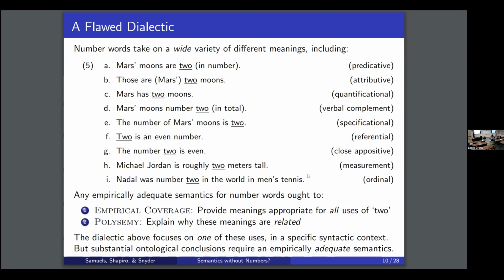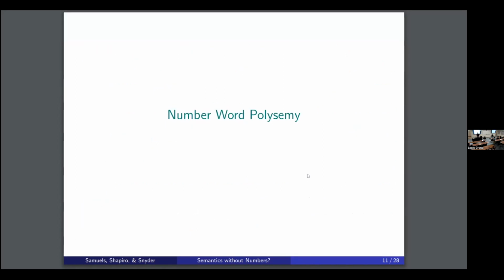That is F and G. Why is that? All of these are in some sense broadly number related. It sure would be nice if our semantics for number words tell us why these different meanings are semantically related. And in fact, standard analyses within linguistic semantics attempt to do that. How do they do that, you ask? I'm glad you asked. That's what we're going to talk about next.